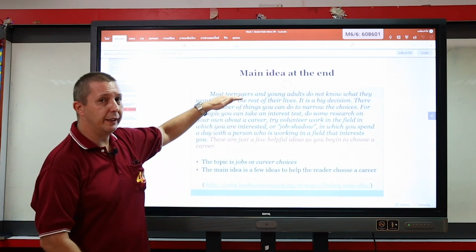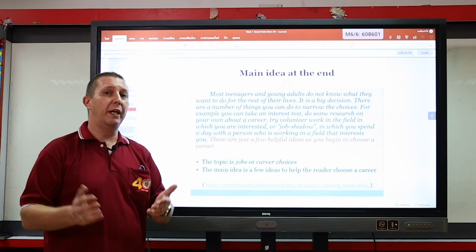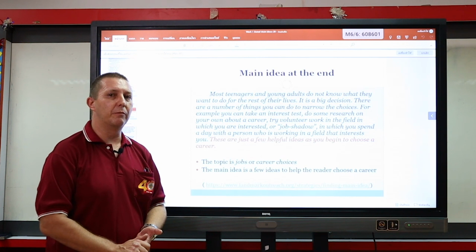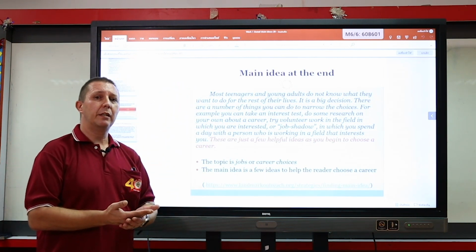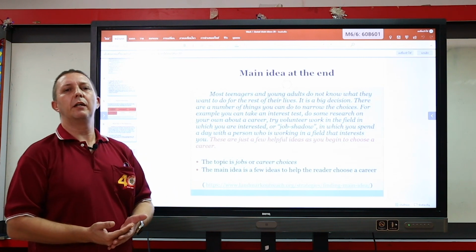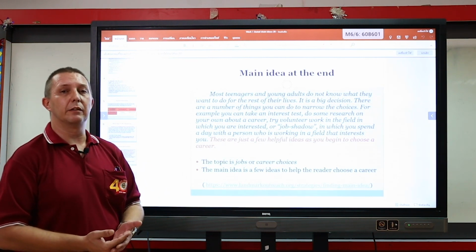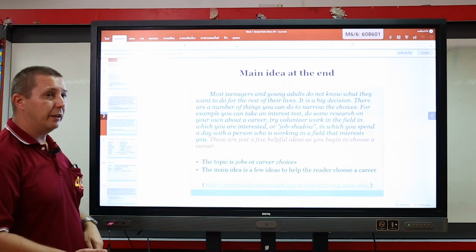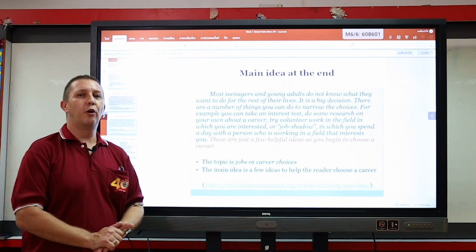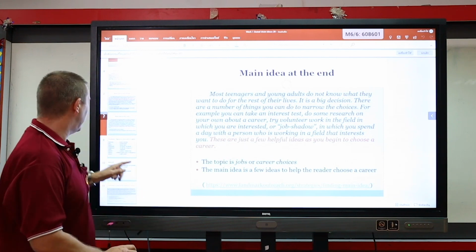And the supporting details help to explain the ideas that are made available. So you've seen main idea at the beginning, main idea in the middle, and also main idea at the end. So let's have a look at some vocabulary that you will be using for your own examples to practice.